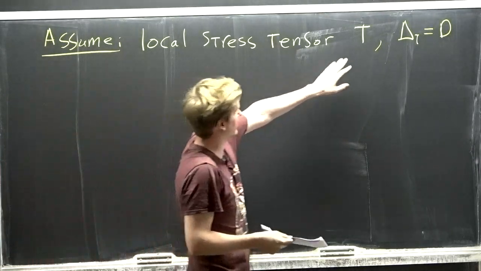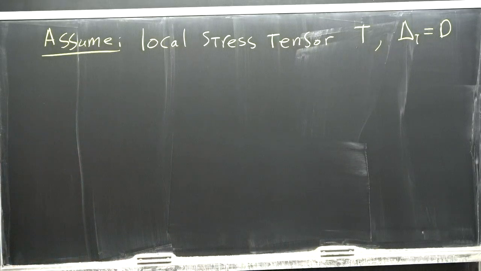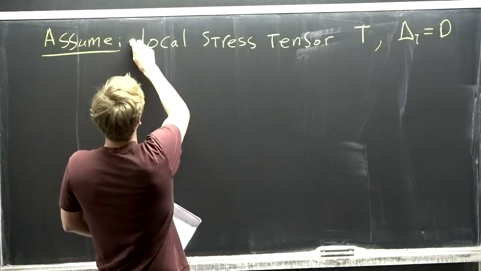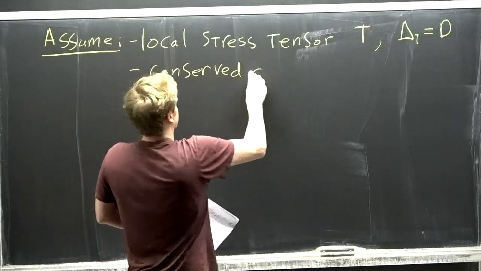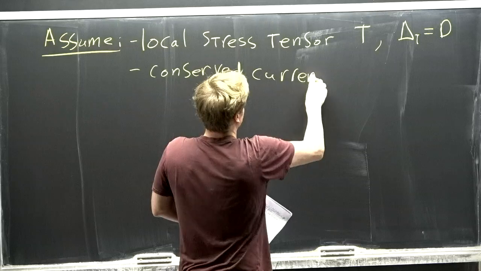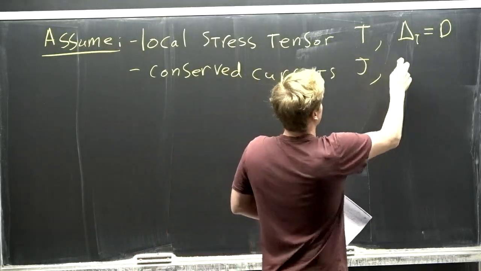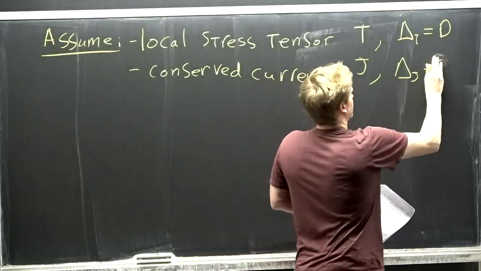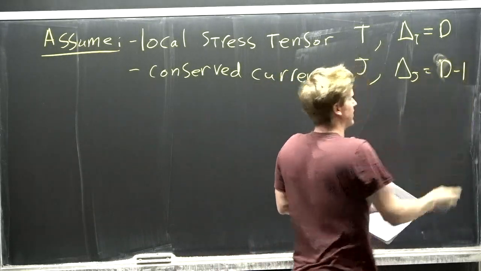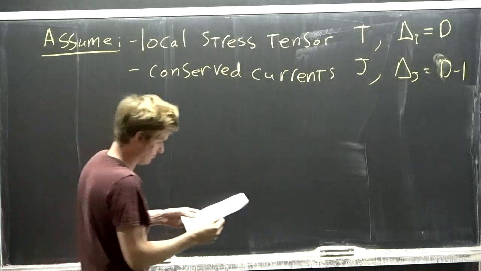This was used to check that our ANEC operator had the correct behavior. And if we have conserved currents, like when we made the detector out of the charge, we'll write these as J, and in D equals 4 they have dimension 3, but more generally, they have dimension D minus 1.